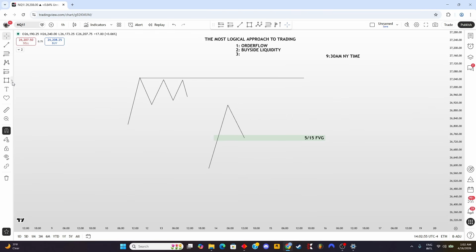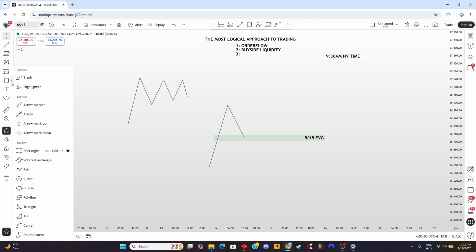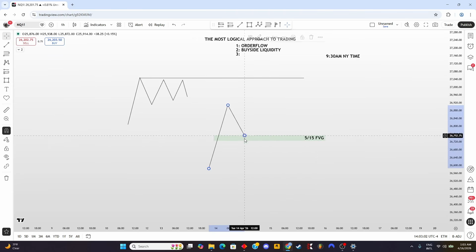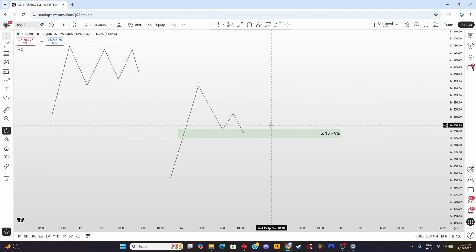Now, what you want to do is drop down to the 1 minute time frame. And within this fair value gap, what you're looking for is a specific type of behavior. So first things first, we need a fractal price model like this. I want to see price do this, okay?